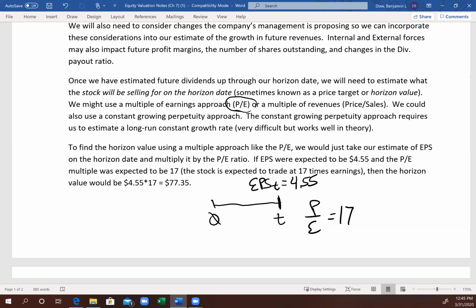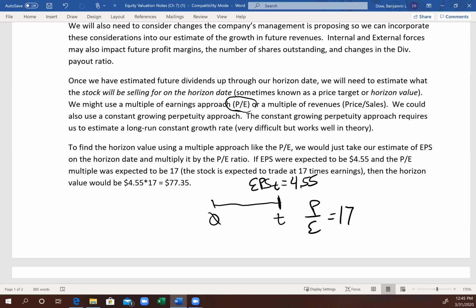But you can see this is really price per share at time period t divided by earnings per share at time period t equal to 17. And if we know that earnings per share at time period t is $4.55, then we can solve this equation.